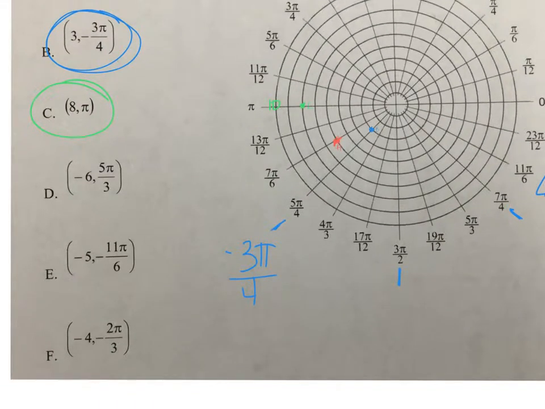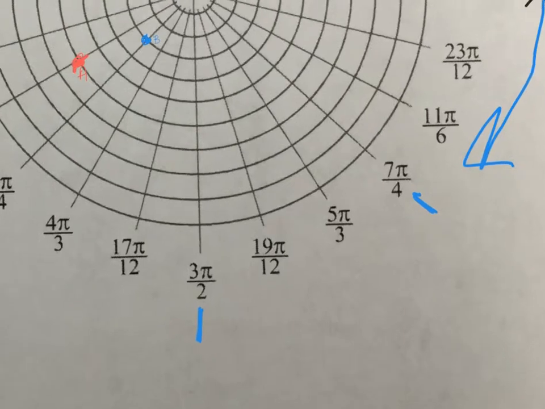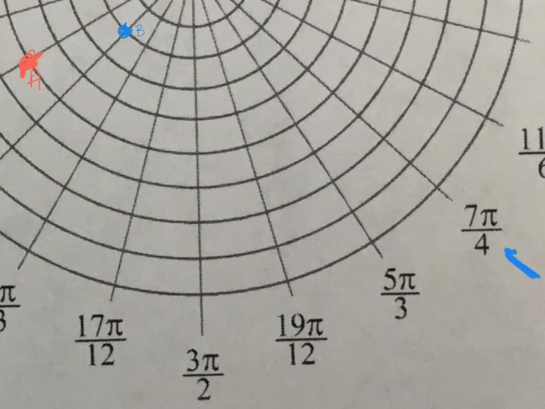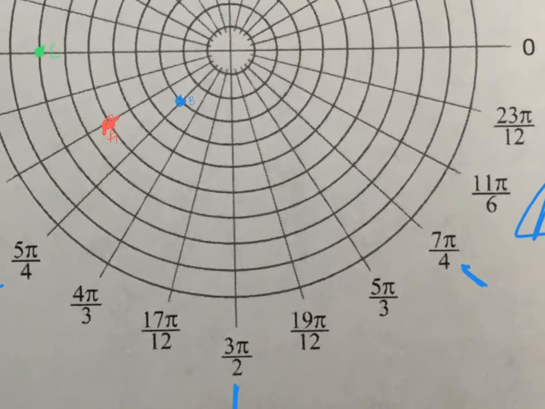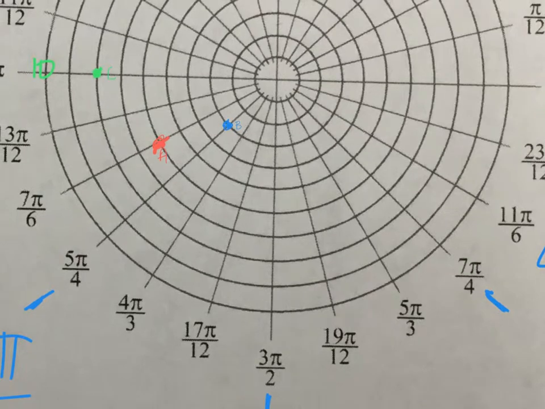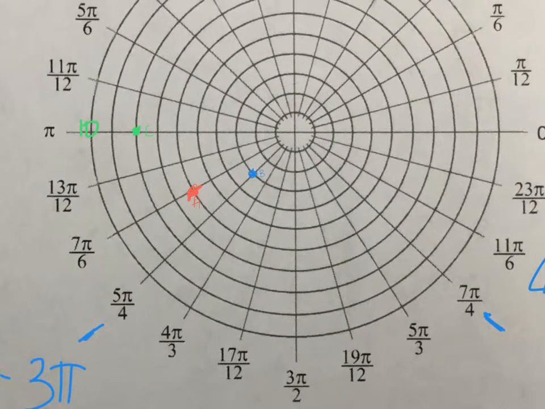Now we have this strange one, negative 6 comma 5 pi over 3. So we come over here to the 5 pi over 3 measurement. Positive values, positive radii, come from the origin out towards the outside.